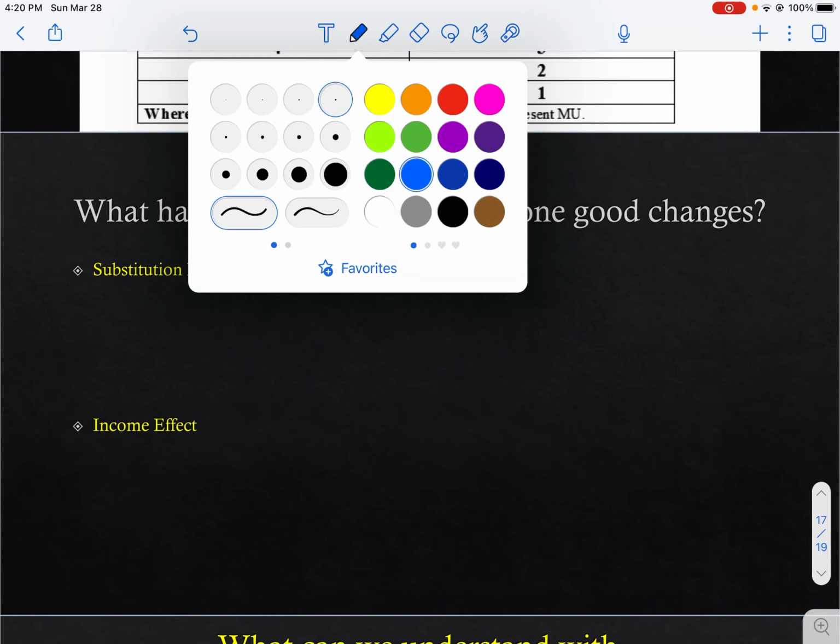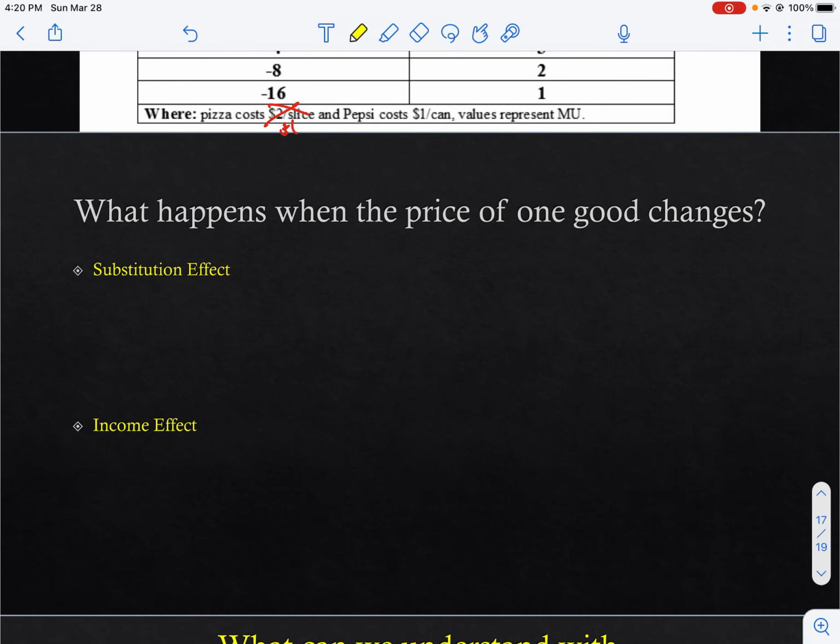What happens when the price of one of these goods changes? Whenever you buy stuff, in our simple model where you're buying one of these two different things, what happens when the price changes? Well, two things happen. There are two separate effects to a price change. One of them is the substitution effect.